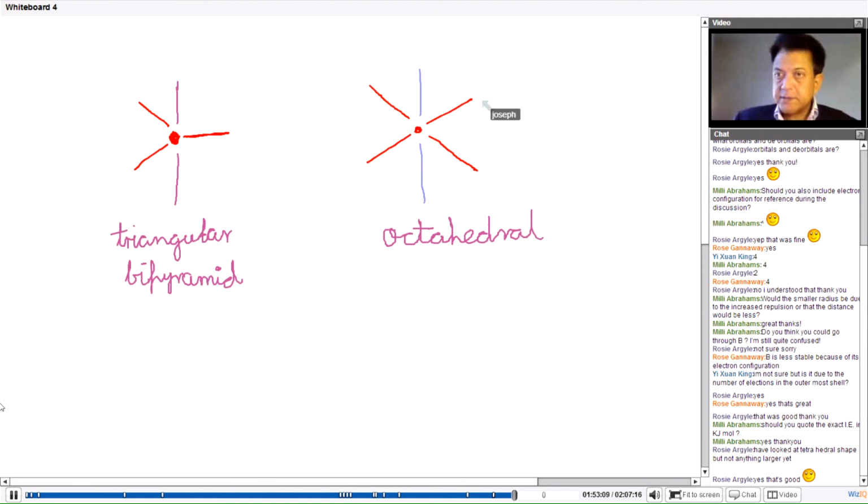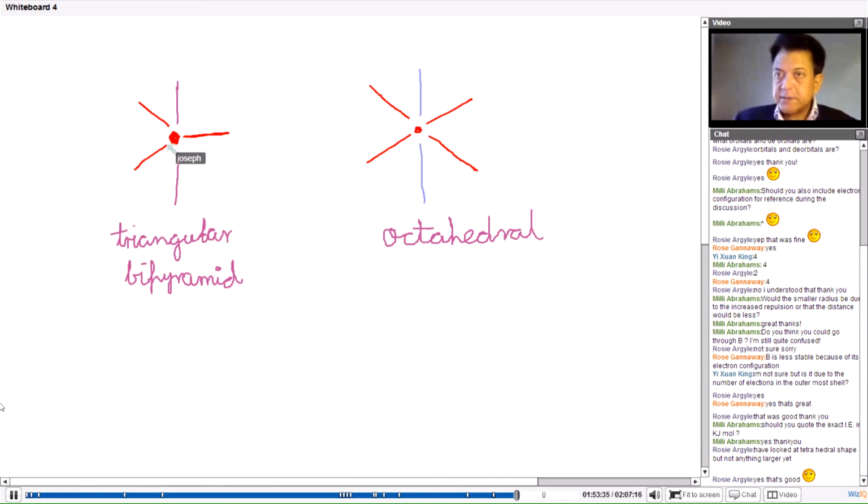Over here, we'll look at what happens if you have one non-bonding pair. The best separation you can have is, look at this red arrangement of bonds.